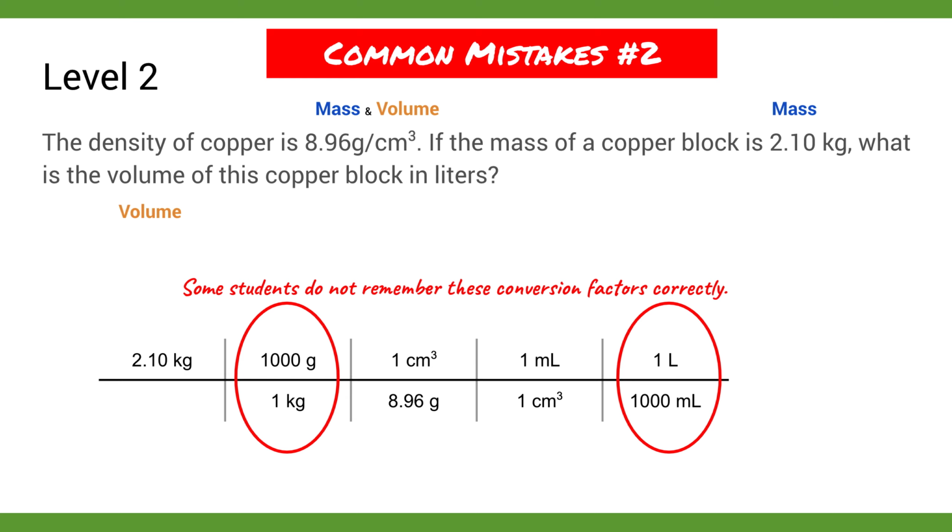You can see that maybe your water bottle is 500 milliliters, so it's 1/2 of a liter. Then you would know, if 500 milliliters is 1/2 of a liter, then 1,000 milliliters is 1 liter. So make sure you keep those in mind.